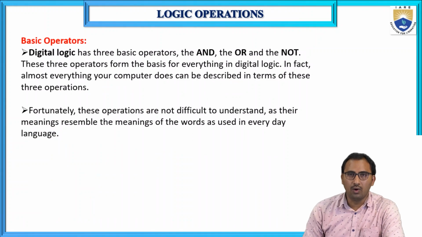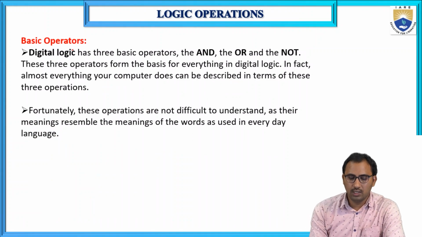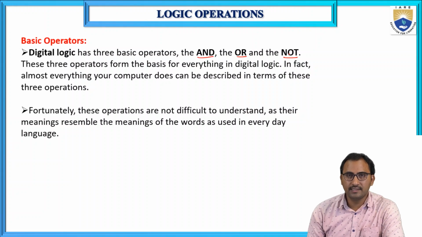And coming to the logic operations. The digital logic has 3 basic operators that are AND, OR, NOT. So these are the basic logic operations. Using these basic logic operators, we can form some other logic operations that are NAND, NOR, XOR, XNOR, and so on.